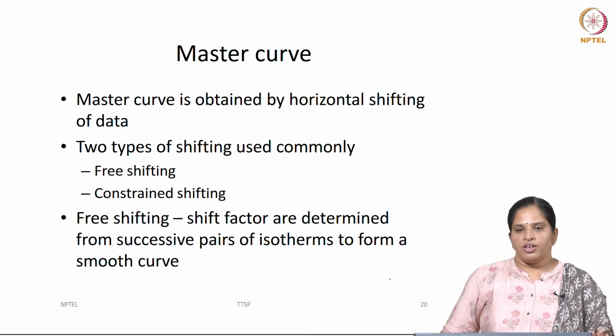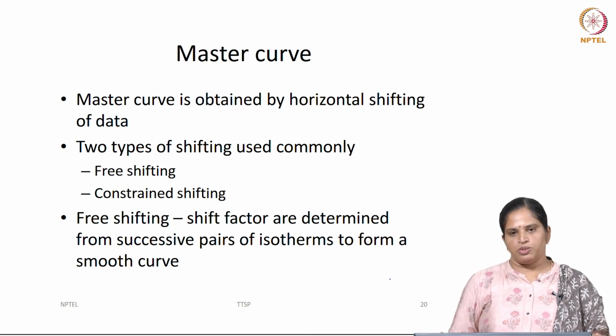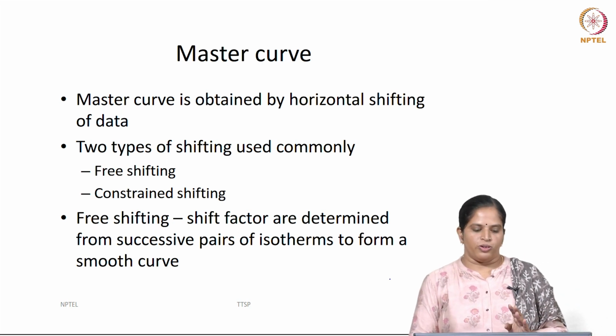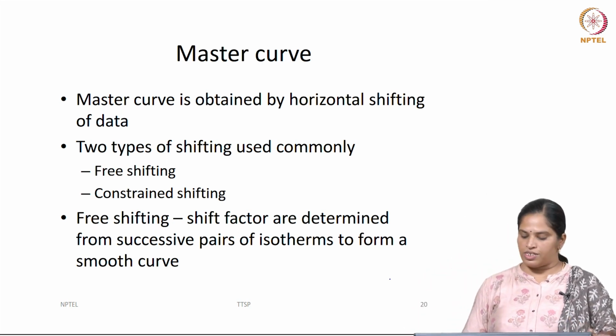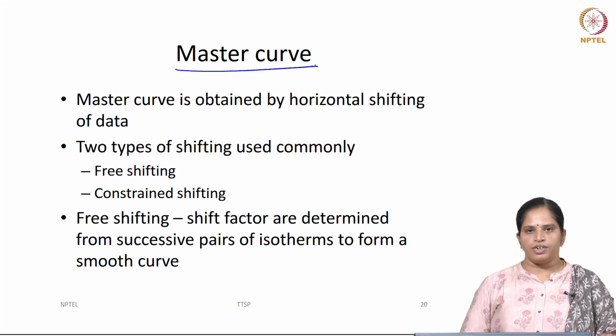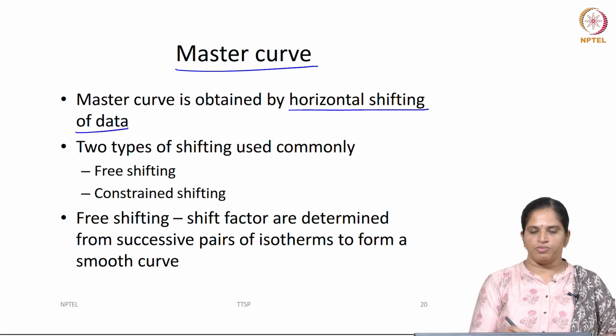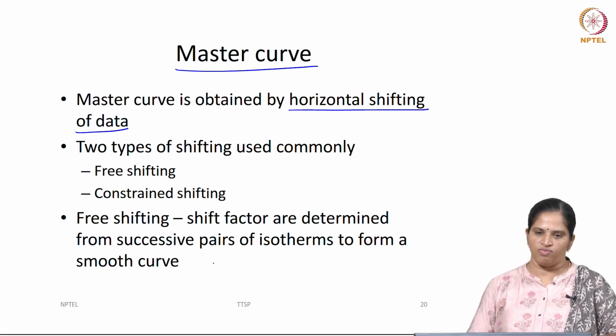Now we know what the time temperature superposition principle is, and we know how to calculate the shift factor. Once you know the amount of shift, how do you do the shifting process or construct a master curve? As pointed out earlier, the master curve is shifted using horizontal shifting only, so we do only x axis shifting.